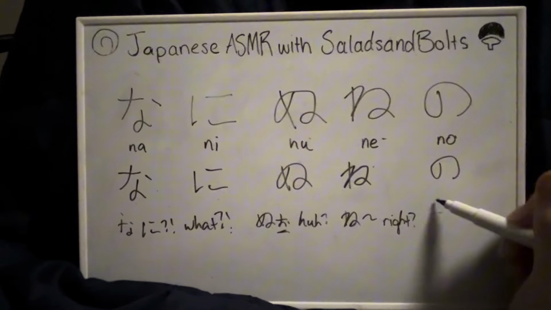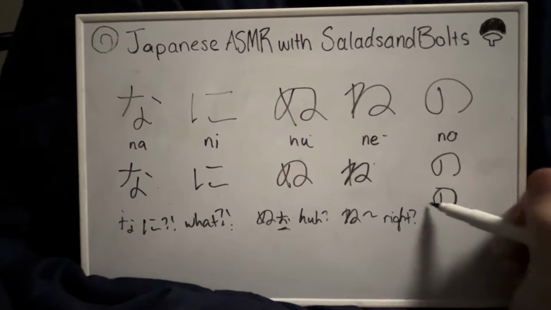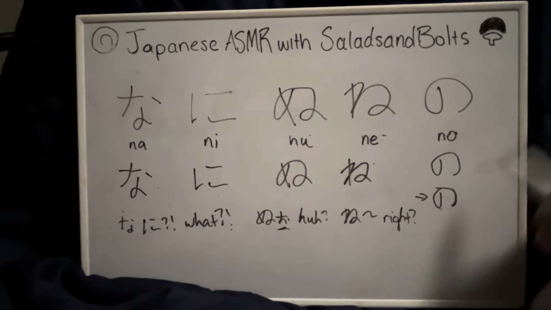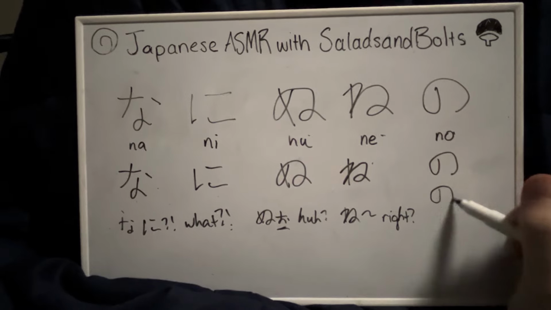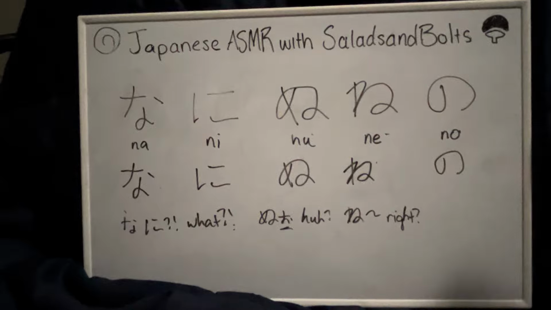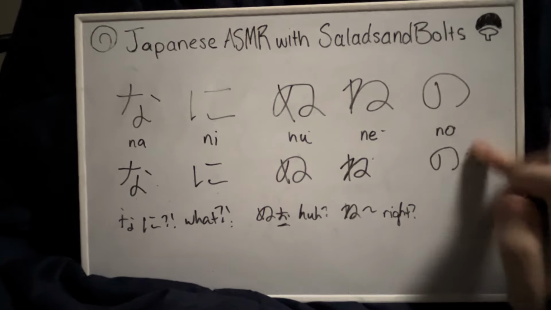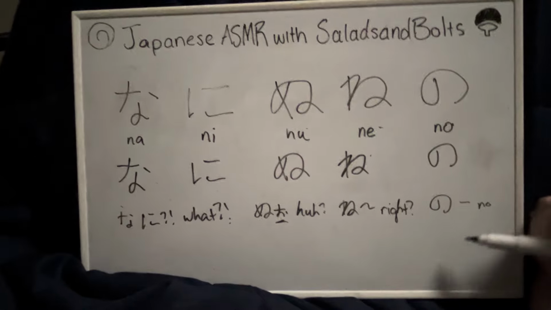You can make it a sideways E and have it facing that way. You can think of it like the inside of somebody's brain, because the word no means brain, but for it to be brain, it has to have that. Anyway, so no literally means no.